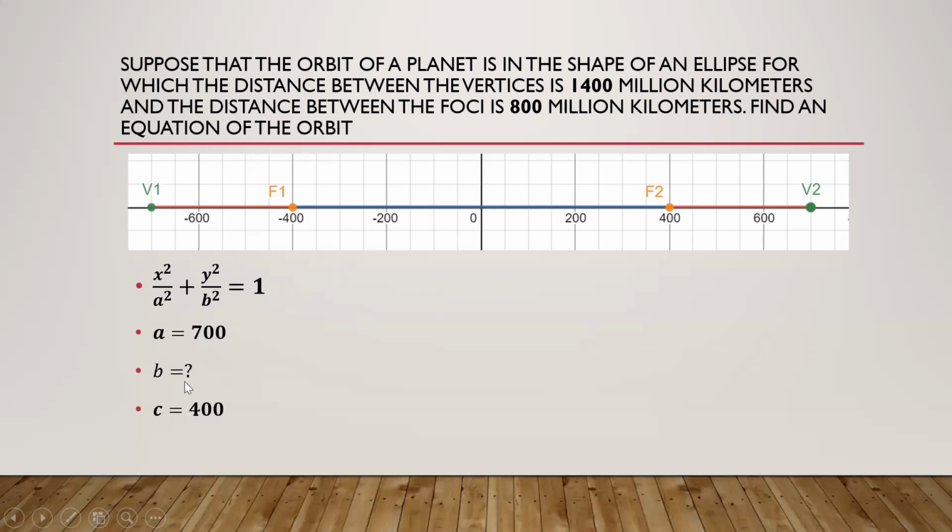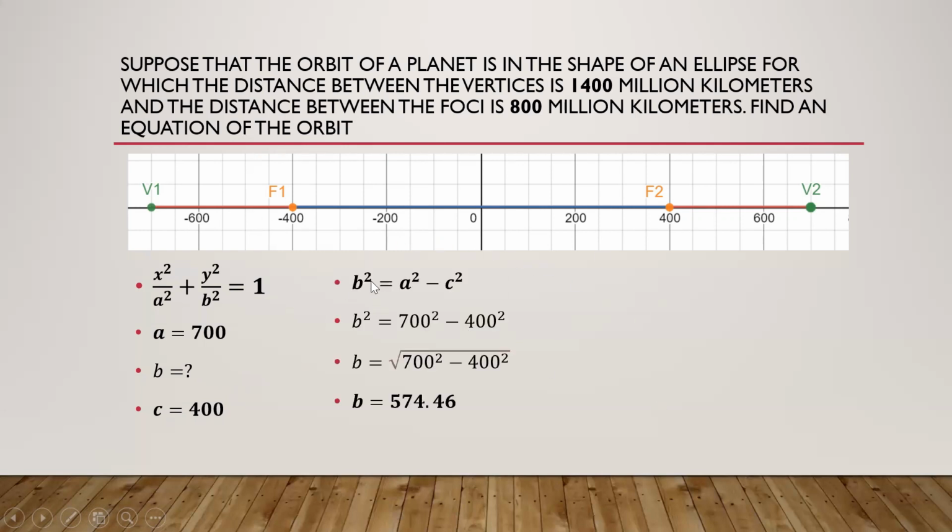Now, we move on to c, which is 400. So again, similar thing. From F1 to F2, that's 800. We divide that by 2 to get 400. So our b is missing. So how do we find it? Because we need b to get the equation of the orbit.